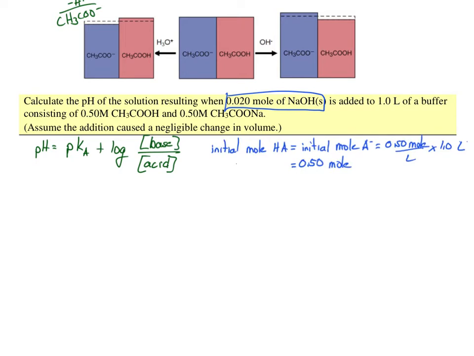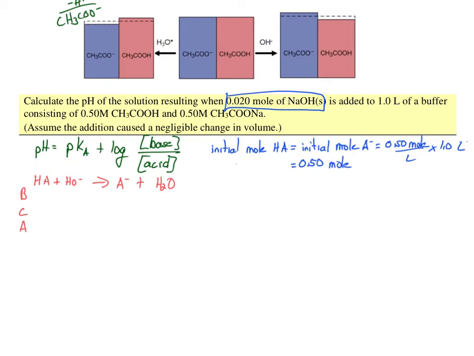Here we've calculated the initial moles of our weak acid and the conjugate base. We know they're equal because we have equal concentrations and they're in the same solution. So if we multiply the molarity times the volume expressed in liters, we'll get the moles. So we have 0.50 moles of HA and the same amount of its conjugate base.